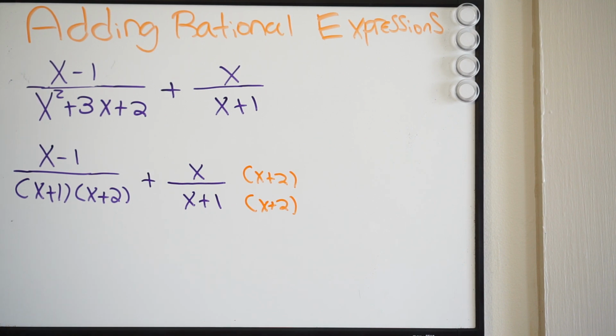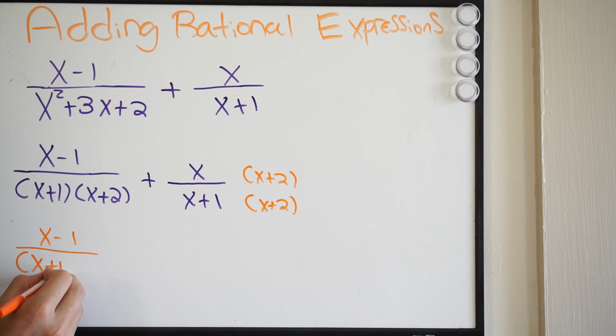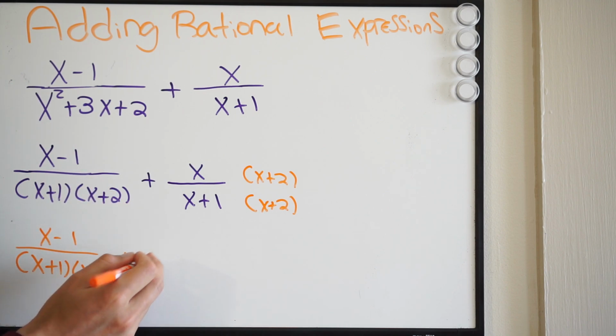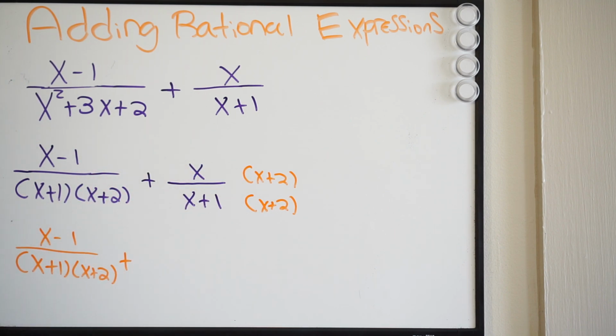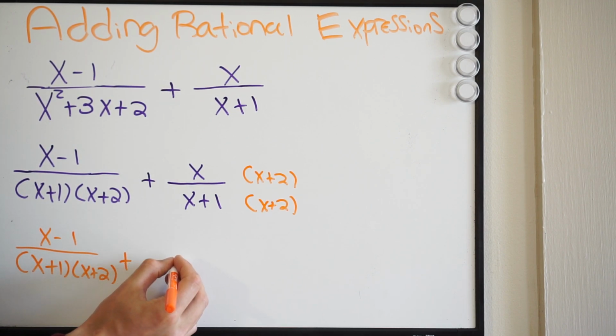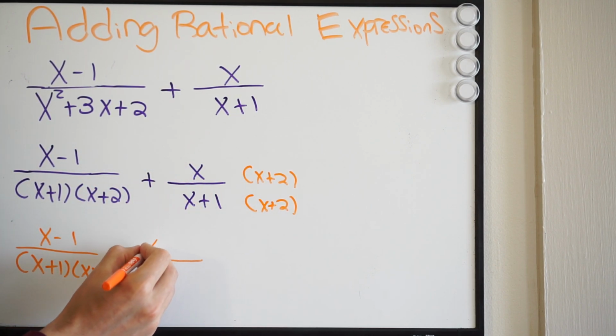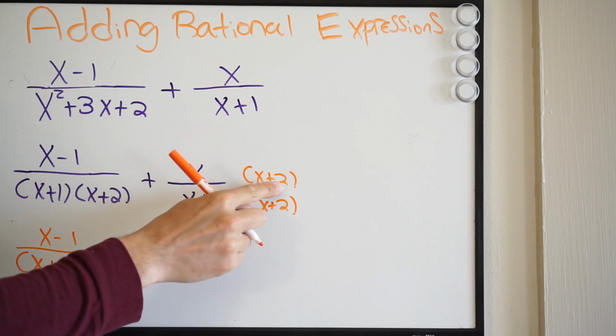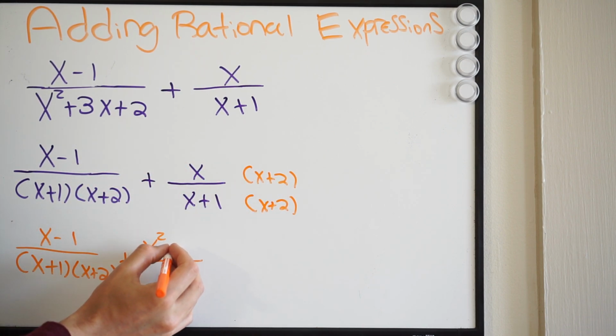So now that we know that, let's rewrite what we now have. We're going to have x minus 1 all over x plus 1 times x plus 2. And we have plus x times an x plus 2, so you're going to distribute here, and we'll have x squared, and then x times 2 is going to be plus 2x.